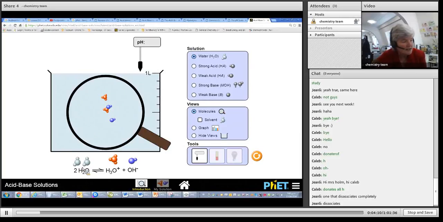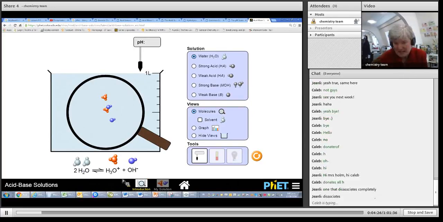So you can get the hydronium ion and the OH minus. That's always going on in the background, but it's not very much at all. It's 0.0000001 moles per liter of hydronium ions and hydroxide ions. It's a tiny, tiny bit, but it's there. And it's important that you remember that, because when we ask you what sort of ions are in solution, you've got to remember water always has those two ions in solution, hydronium and hydroxide, even if it's totally neutral.